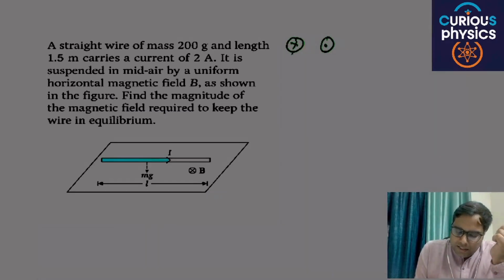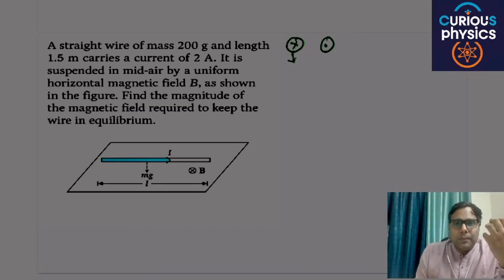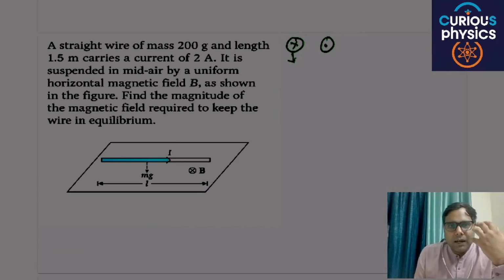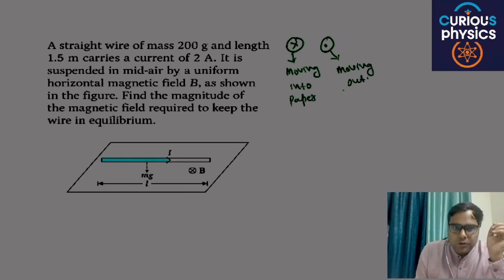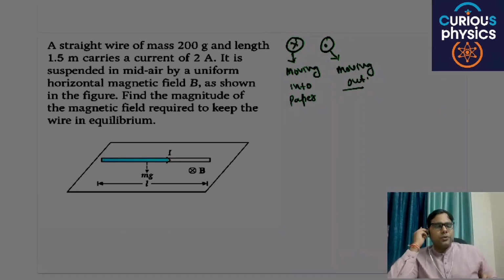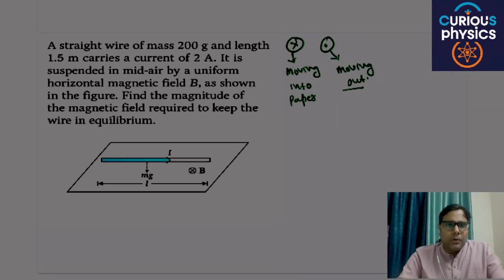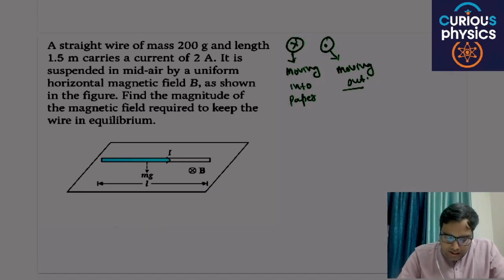This sign means the electric current or magnetic field is moving into the paper, and this particular sign means moving out. It should always be in your mind. Are you able to understand my point or not? So in this case, you have to find the value of magnetic field required to keep the wire in equilibrium.